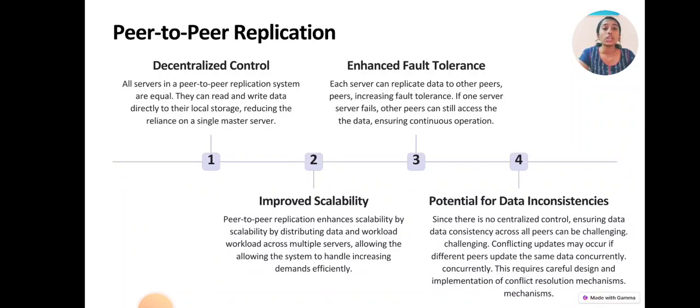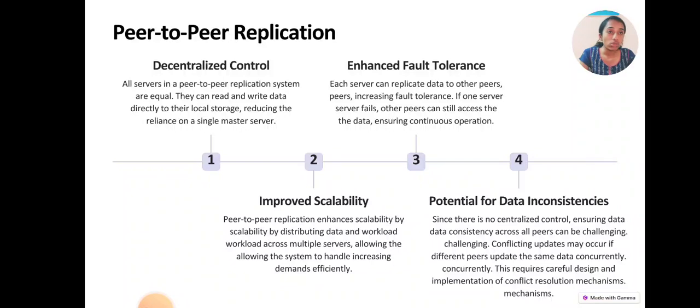Peer-to-peer replication enhances scalability by distributing the data and workload across multiple servers, allowing the system to handle increasing demands efficiently. Enhanced fault tolerance. Each server can replicate data to other peers, increasing fault tolerance. If one server fails, other peers can still access the data, ensuring continuous operation.